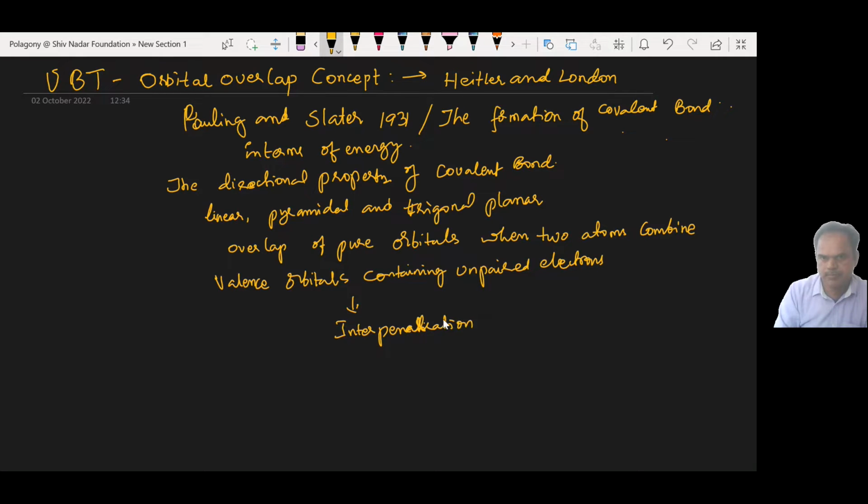The valence orbitals containing unpaired electrons, when two atoms combine, undergo interpenetration.